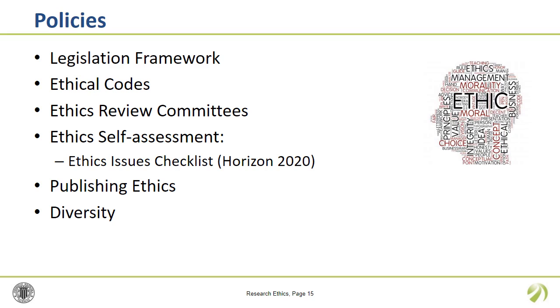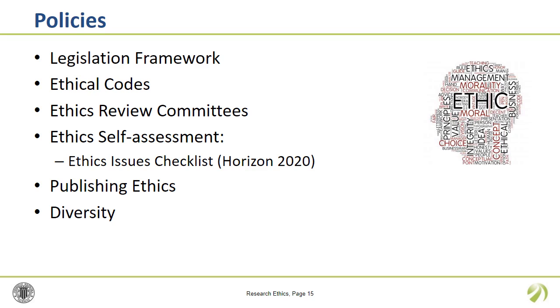There may be research ethics committees for the ethical review of research proposals in universities, institutes, etc. Horizon 2020 assists you in getting your research proposal ethics ready for obtaining funding following a self-assessment checklist.